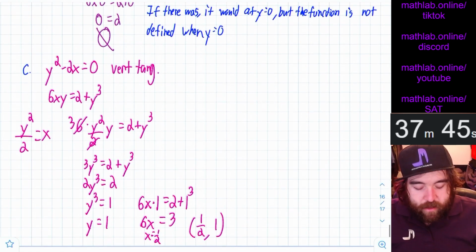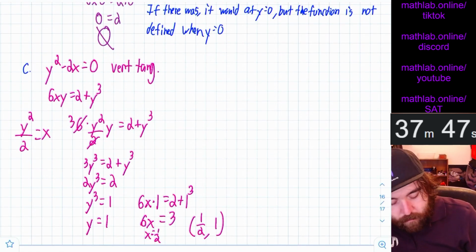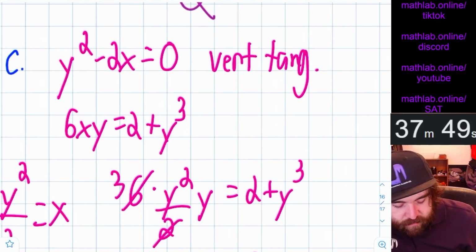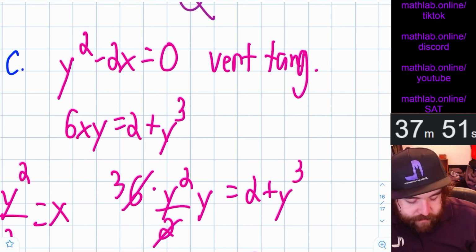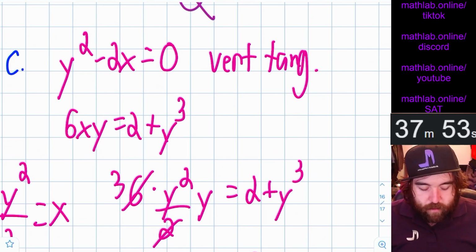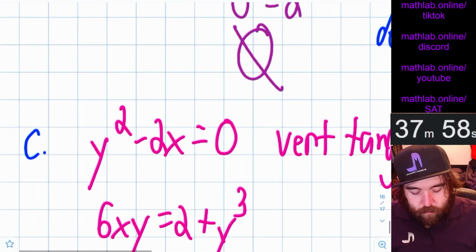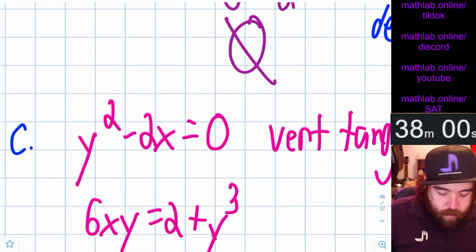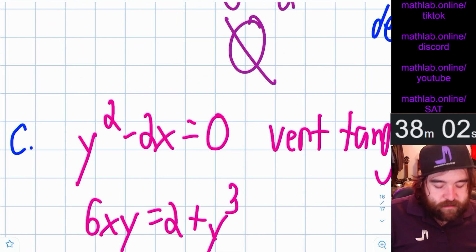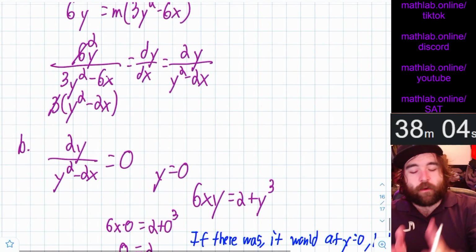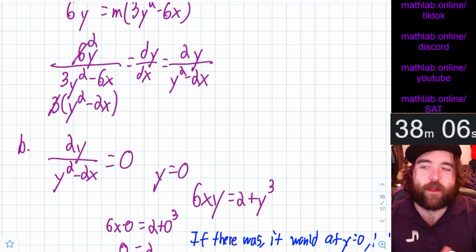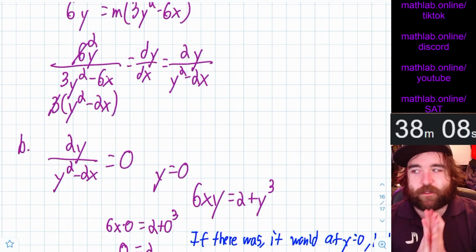Because see, at (1/2, 1), the point's on the graph, right? If x is 1/2, we get 3 on the left side. If y is 1, we get 3. But also, when x equals 1/2 and y equals 1, we get y minus 1 minus 1 for this, which gets us 0 in the denominator of a fraction, which means the slope is undefined, which means it's a vertical tangent line.